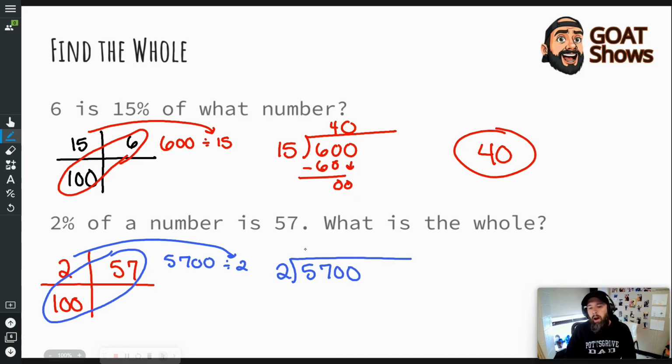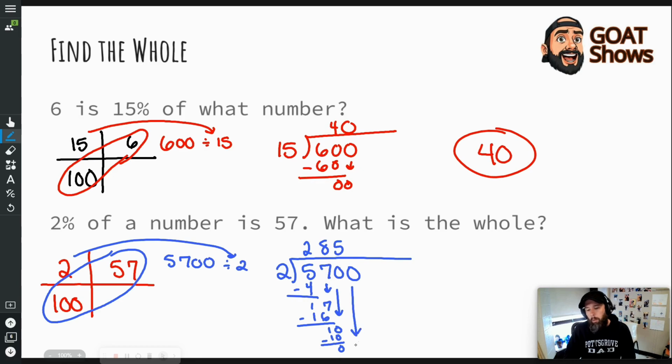2 goes into 5. 2 times 2 is 4. Subtract, you get 1. Drop down the 7. 2 goes into 17, 8 times. 8 times 2 is 16. Subtract, you get 1. Drop down the 0. 2 goes into 10, 5 times. 5 times 2 is 10. So you get a 0.